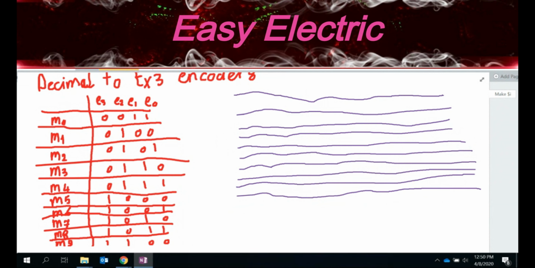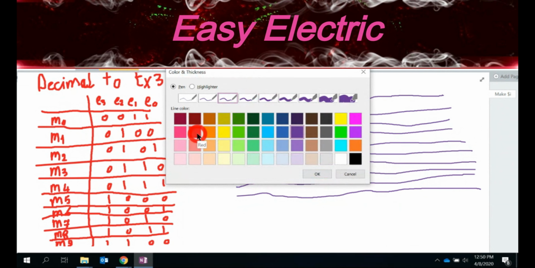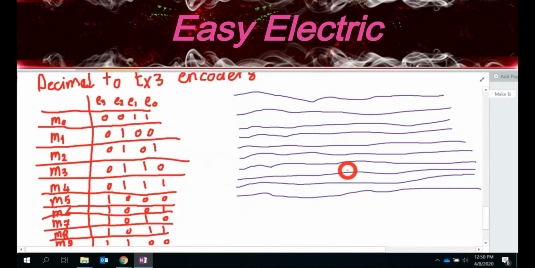So just give a name for each of them. Use the other color. The first one you could call M0, this is M1, this is M2, this is M3, this is M4, this is M5, this is M6, this is M7, this is M8, this is M9. Okay.